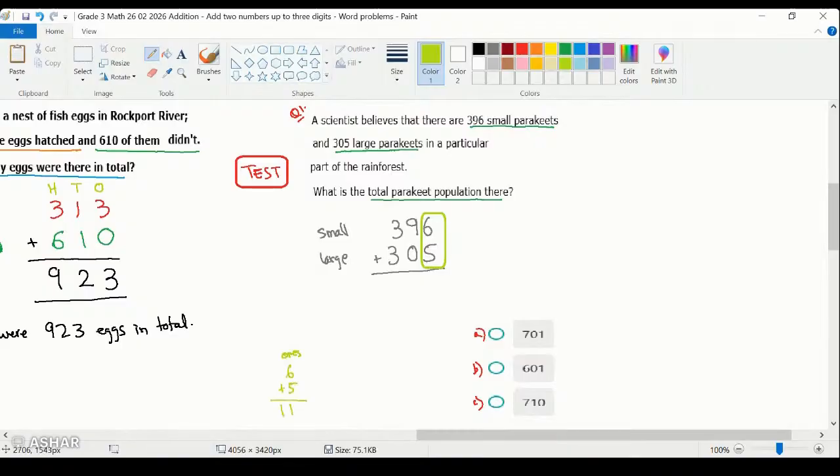So this would be 1 in the ones and we carry 1 to the tens. Agreed? So it cannot be any number ending with a 0, because option C is 710. It is ending with a 0. It cannot be a number ending with a 0, right? Because 6 plus 5 is 11. 1 was left in the ones and 1 goes to the tens.